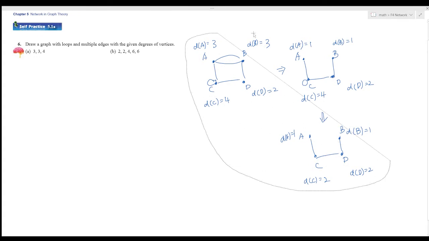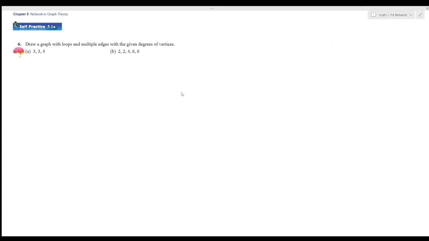Now let's try the questions that we have. So have a look on question A. Okay. For question A, this is our vertex A, B, C. So let's assume this is our vertex A, B, C. So when we take out the multiple edges, okay, let's say the multiple edges is in between vertex A and B. So the degree of A will be minus by 2.